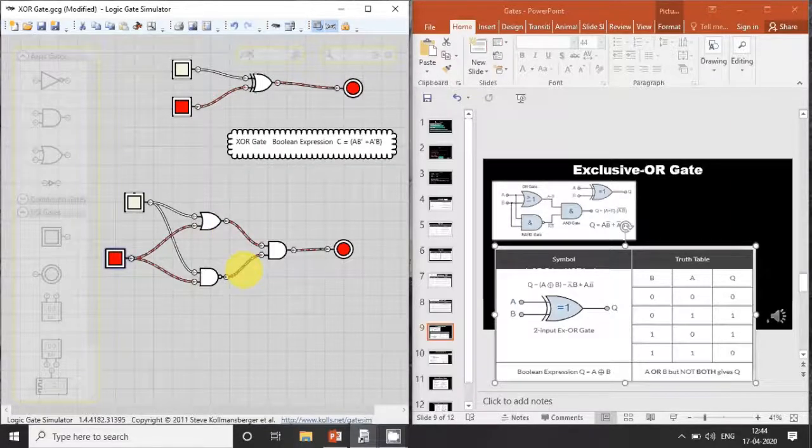When both the inputs are high, the output is low. I think from this diagram you can easily understand the working of the XOR gate.